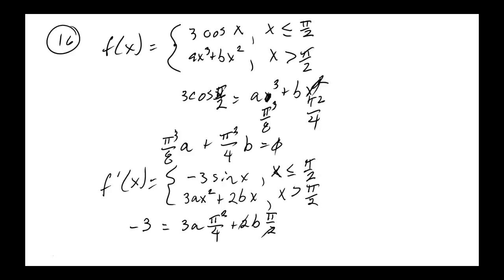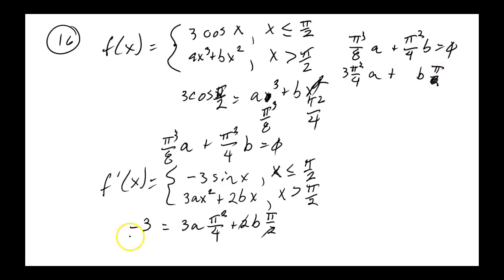All right, so let's write this in a system of equations. Pi cubed over 8 a plus pi squared over 4 b equals 0, and this one would be 3 pi squared over 4 a plus pi b, not b pi.